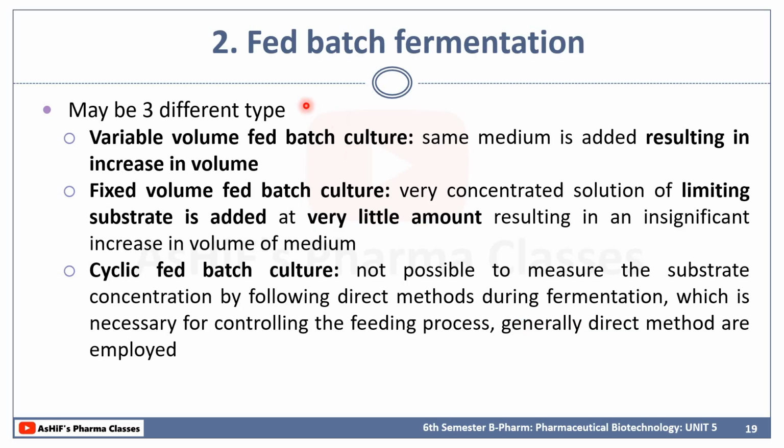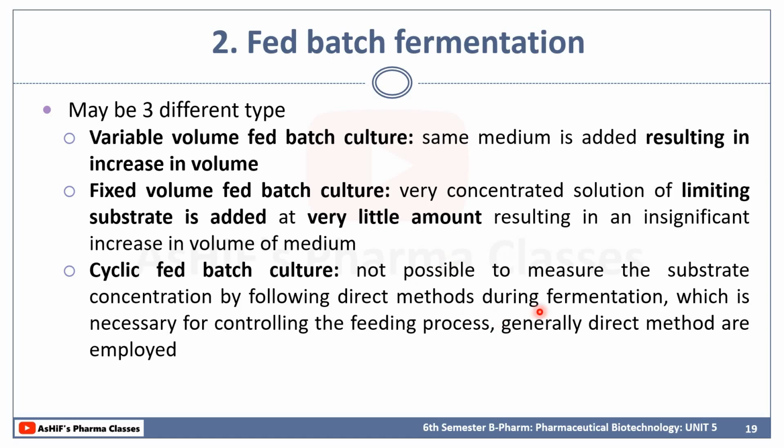And this can be done in different types, like variable volume fed batch culture, which means the same medium is added, resulting in increased volume. Another method is fixed volume fed batch culture. A very concentrated solution of limiting substrate is added in very small amounts. So that is fixed volume fed batch fermentation. And cyclic fed batch fermentation.